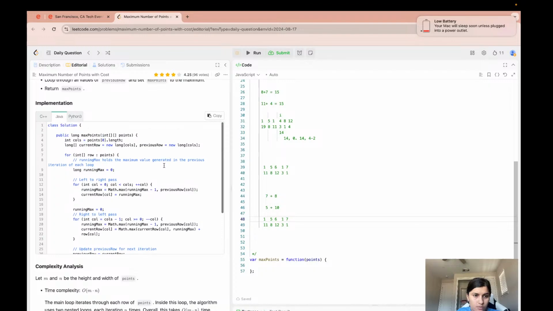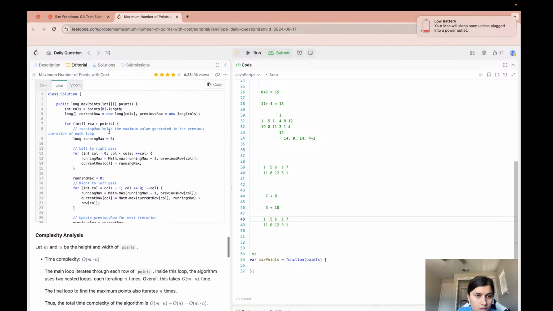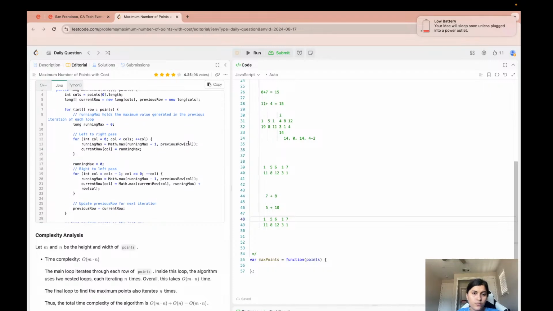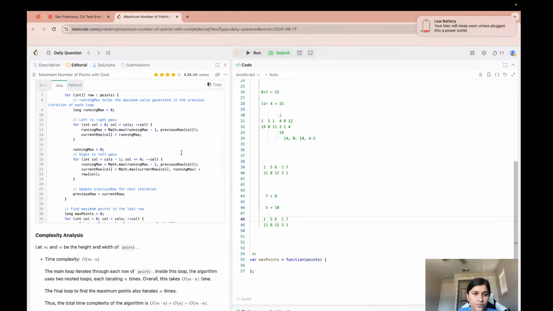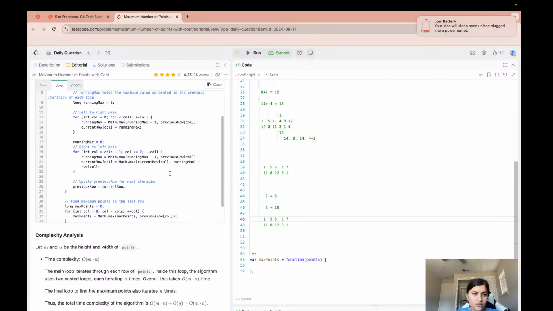So first of all, running max holds the maximum value generated in the previous iteration of each loop. Okay, and this is the left to right pass. Right to left pass.